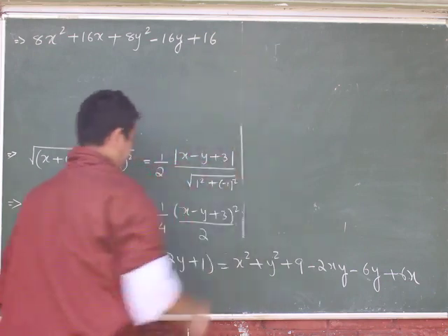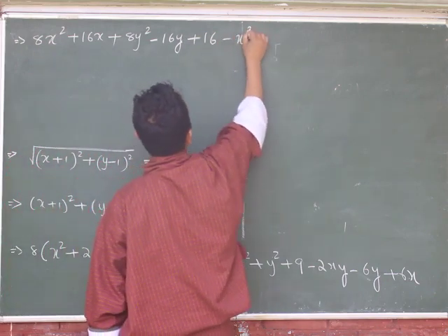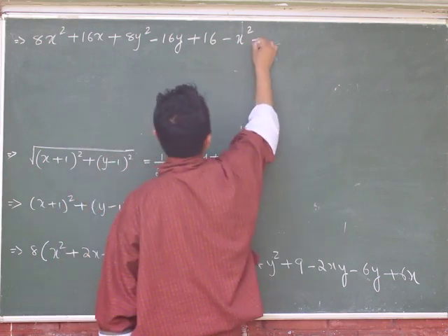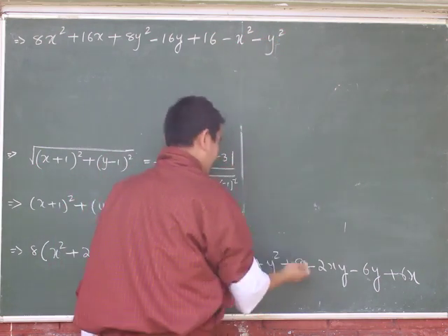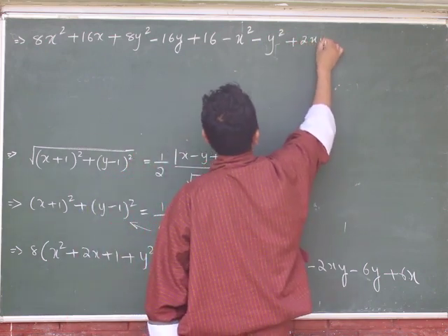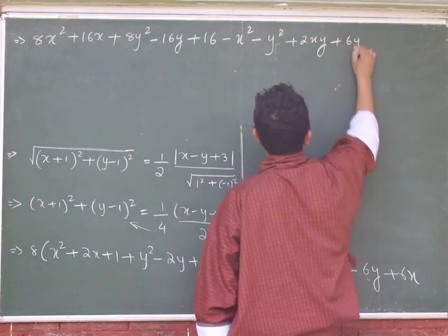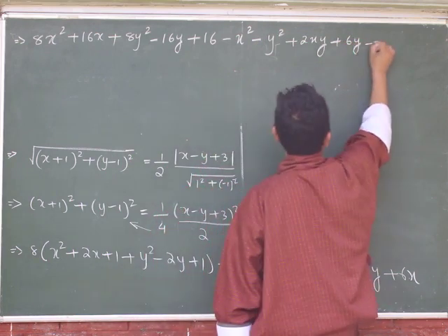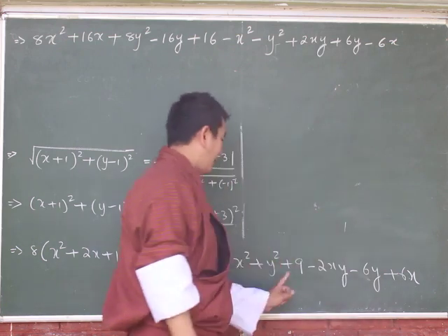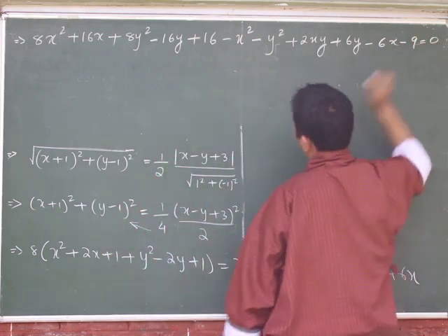Then bring this side, minus x square, bring this side, minus y square, then bring this one, plus 2xy, bring this one, plus 6y, bring this one here, minus 6x, then finally the constant value, minus 9, is equivalent to 0.